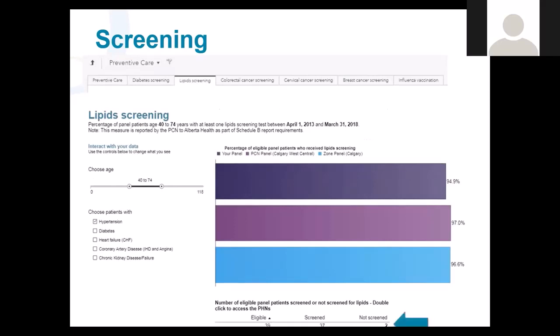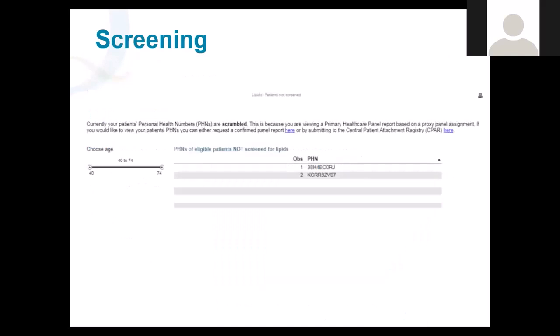And once you click on these numbers again, down at the bottom for not screened, it will show you, if you have a confirmed panel, the PHN, so you can find these patients, and that's something that you may have your medical office assistant or your team help get those patient screenings taken care of.